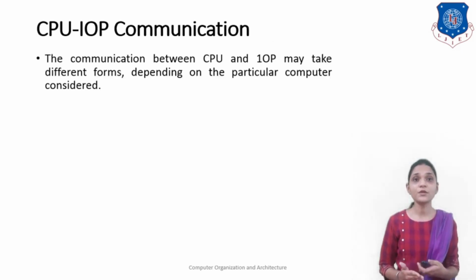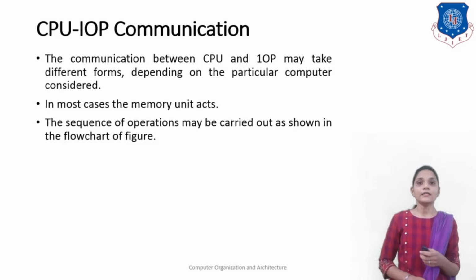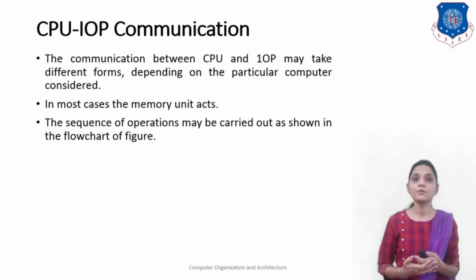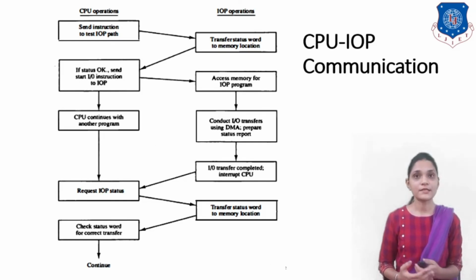The communication between the CPU and IOP may take different forms depending on the particular computer considered. In the most common case, the memory unit acts as a message center. The sequence of operations may be carried out as shown here in the flow chart. This flow of communication starts from the CPU. First, the CPU sends the instruction to test the IOP path.